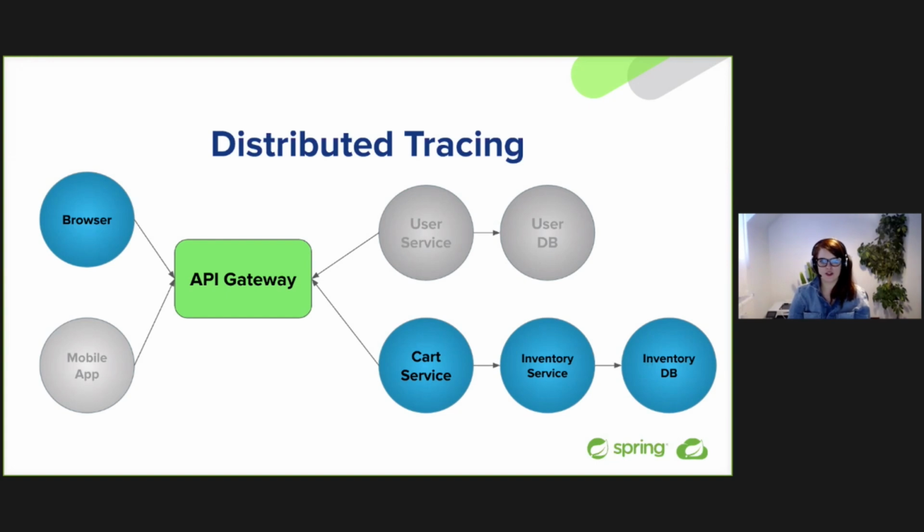Distributed tracing will instrument your logs in such a way that they will have a sort of a correlation ID, or as we have in Sleuth, span IDs and trace IDs that allow you to link the logs for the same operation across various applications in your system.